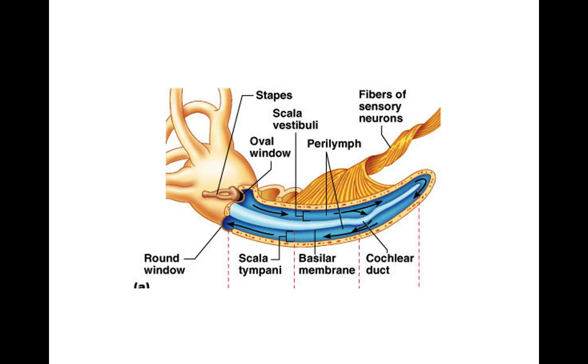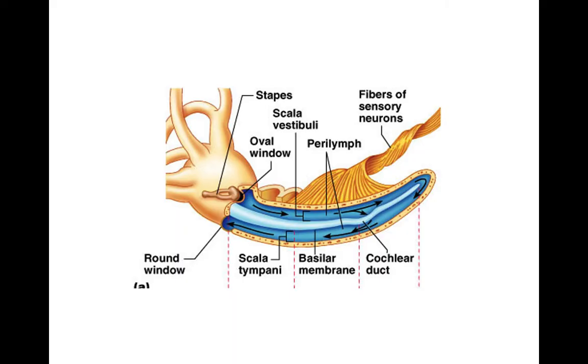So here's our stapes, here's our oval window. When we move that stapes back and forth, the fluid, the perilymph in the tympanic duct and the vestibular duct, will move, which is going to cause the fluid in the cochlear duct, which is called endolymph, to move.